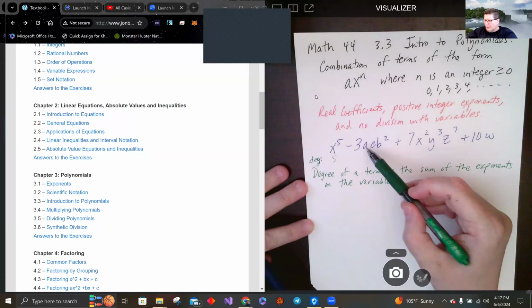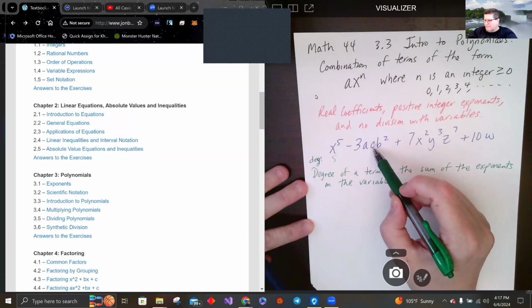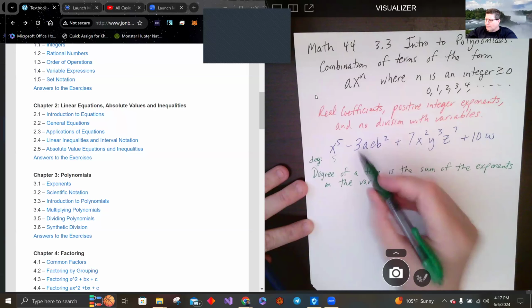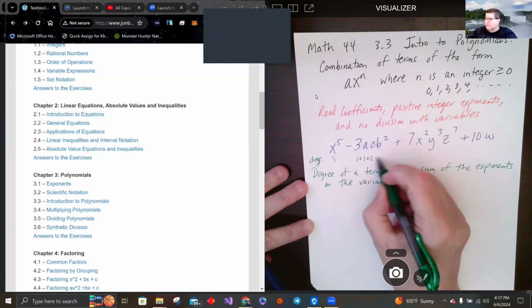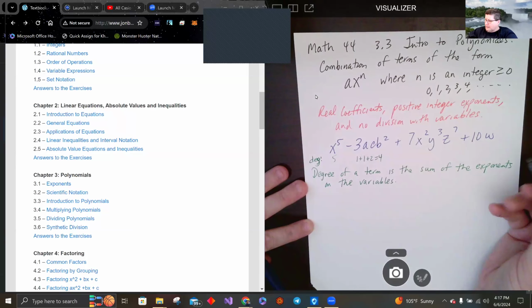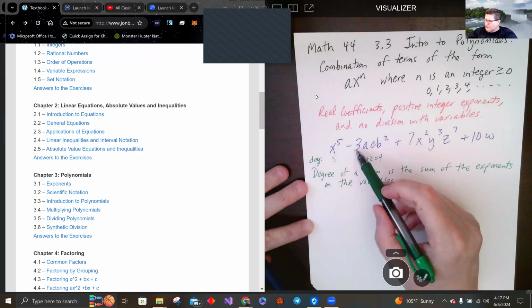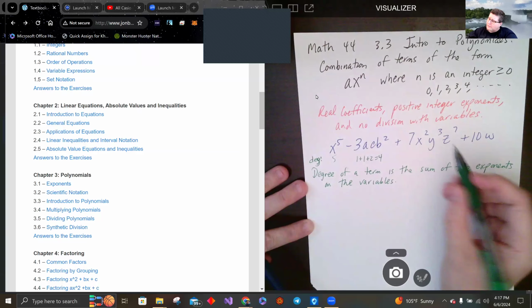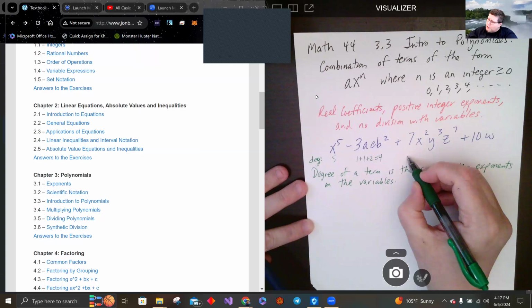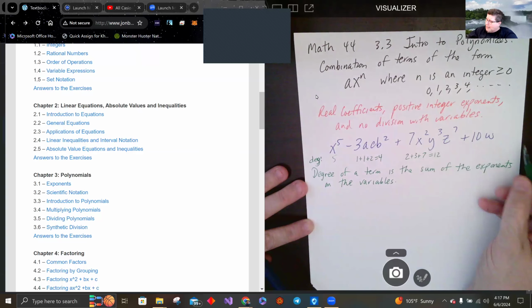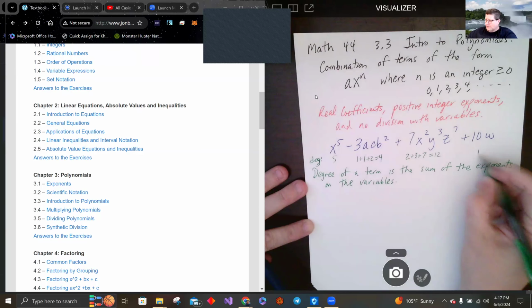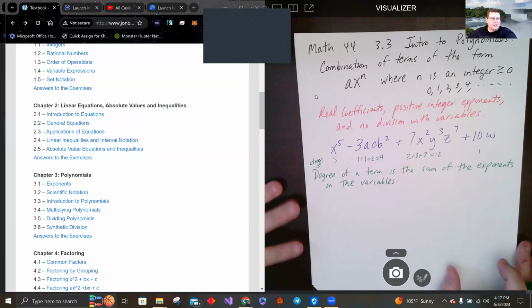A has got a 1 on it. C has got a 1 on it. B has got 2. 1 plus 1 plus 2 is 4. And we don't look at the coefficients. We don't care if they've got exponents or not. Here we've got a 2 plus a 3 plus a 7 is 12. And the W is just a 1. So those are the degrees of those terms.